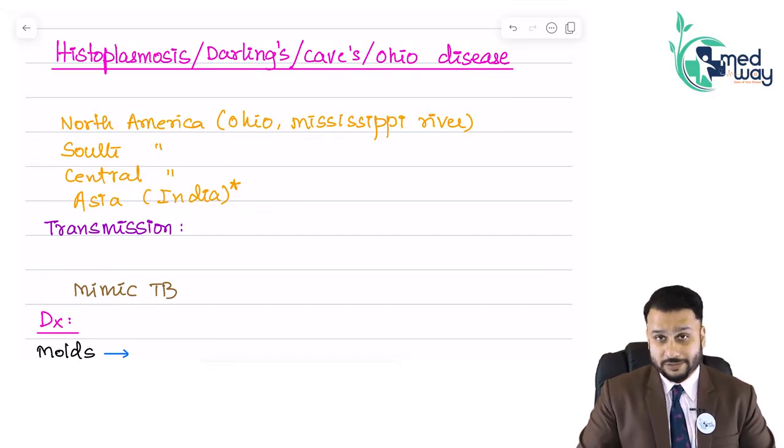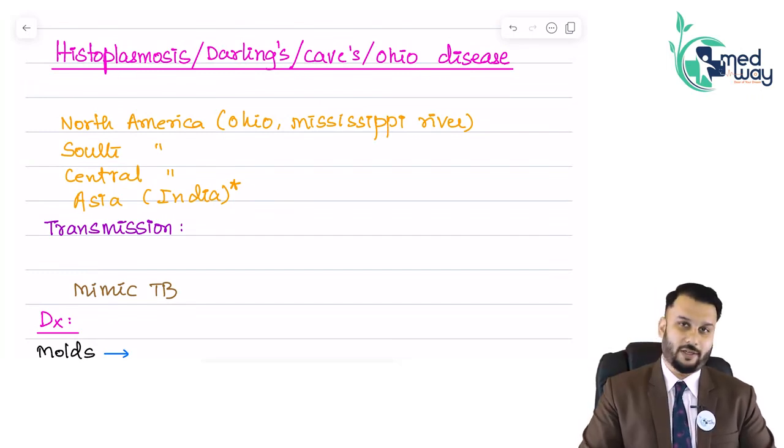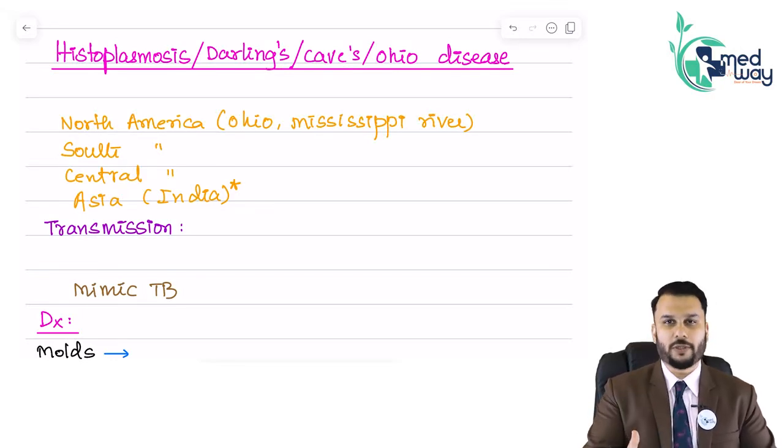So this means that these infections are very limited to certain specific areas. That's why, if a person is coming from that area, this infection may be expected in them. I told you all dimorphic fungi are going to cause pulmonary infections, so there's nothing much to discuss in their clinical features except for their microscopic appearances.